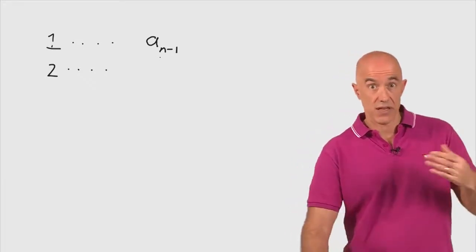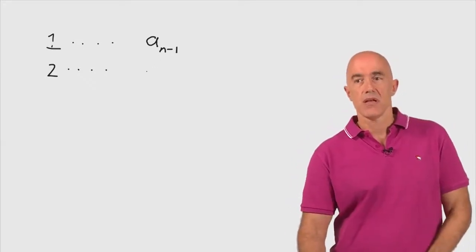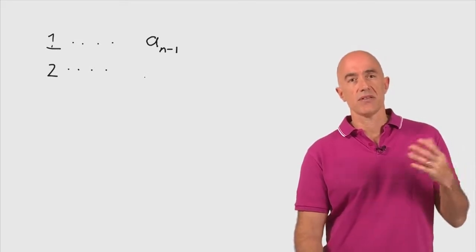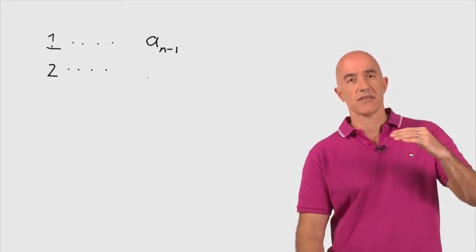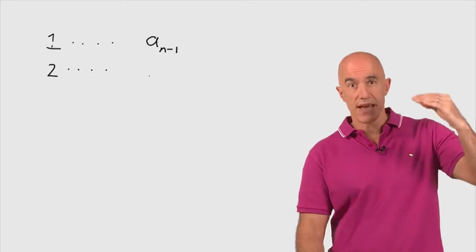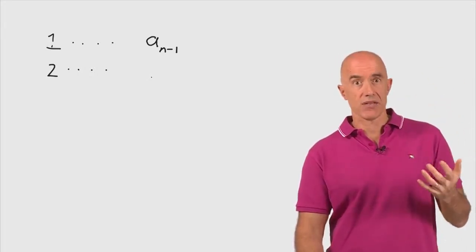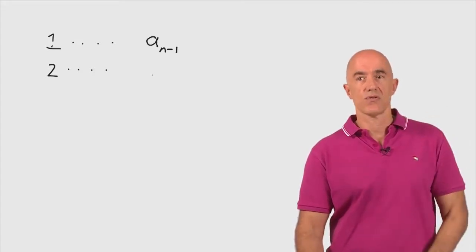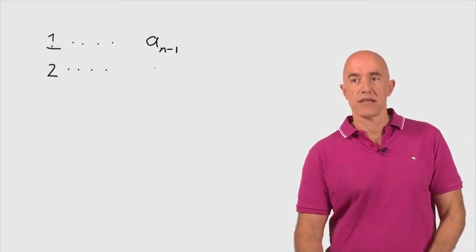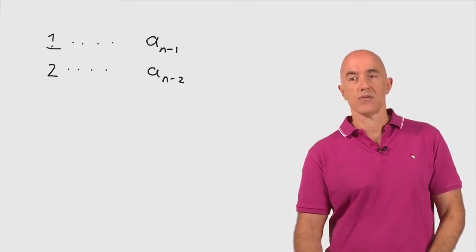The number of ways we can climb an n-stair staircase if we take as our first step 2 steps is the number of ways we can climb n minus 2 steps, because we already took 2 steps. So the number of ways here is a sub n minus 2.